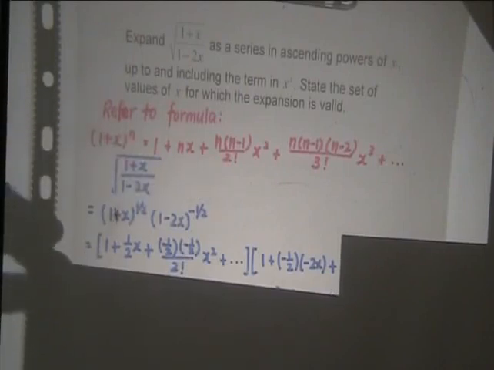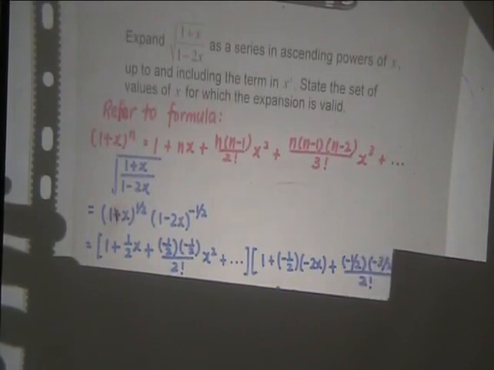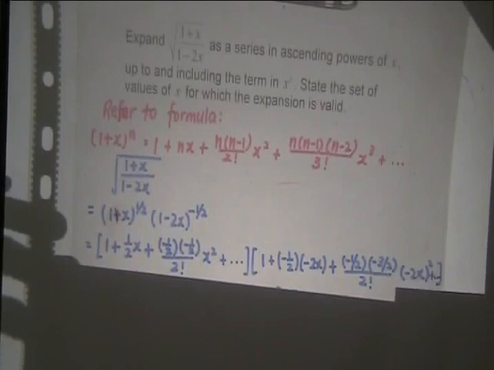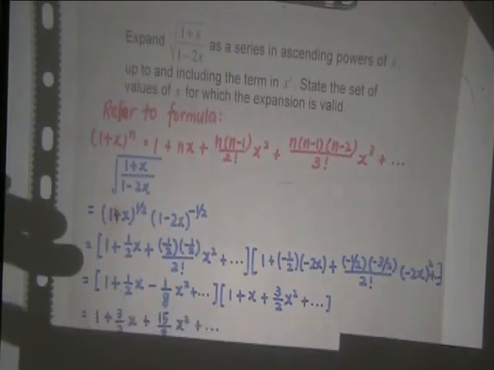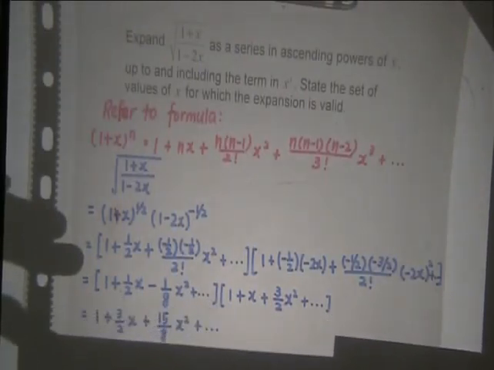So I will have minus half times minus 3 over 2, divided by 2 factorial, times (minus 2x) whole thing squared, plus dot dot dot. Simplifying and expanding it out, this will give you the expansion up to the term in x squared.